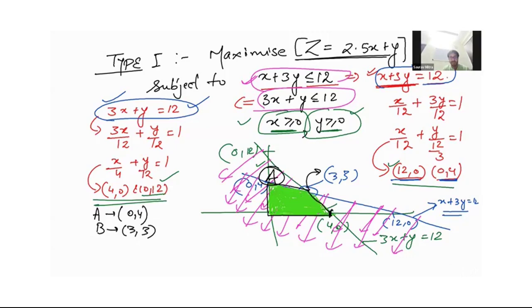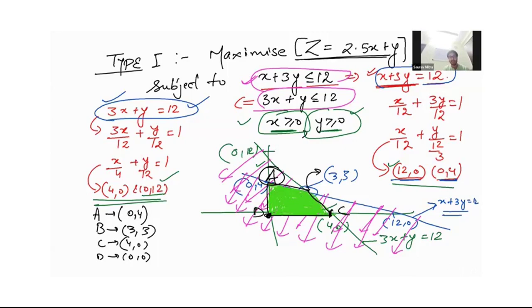Now this is called your feasible region, the common region. C is 4 comma 0, and D is your origin. Clear?